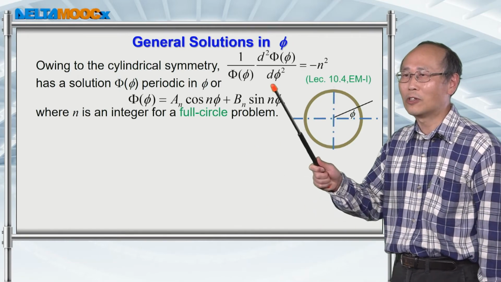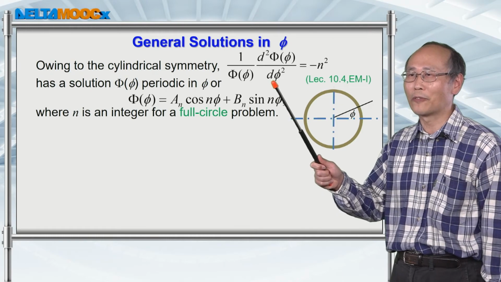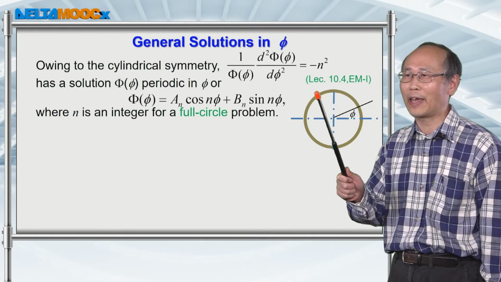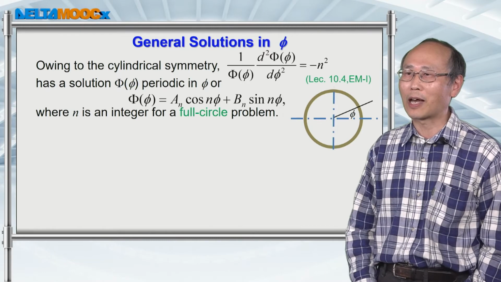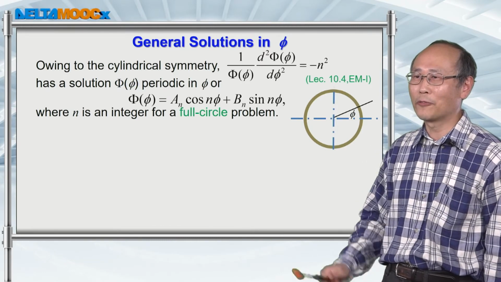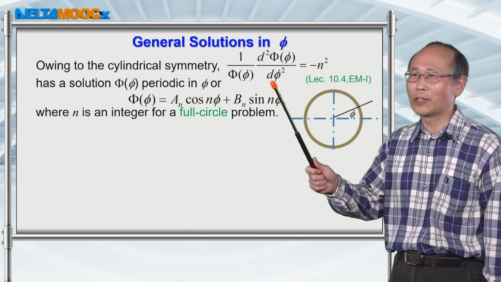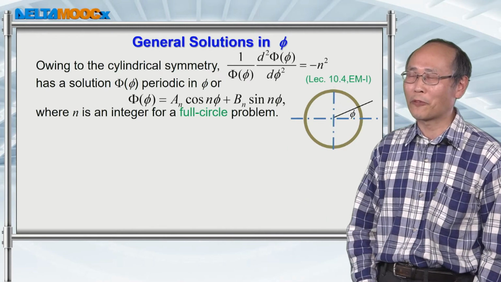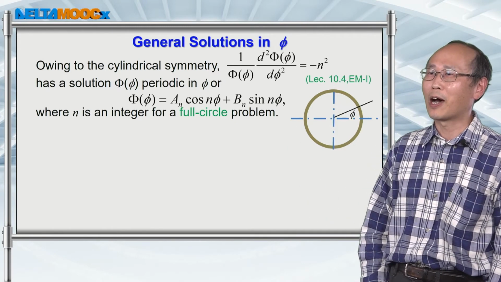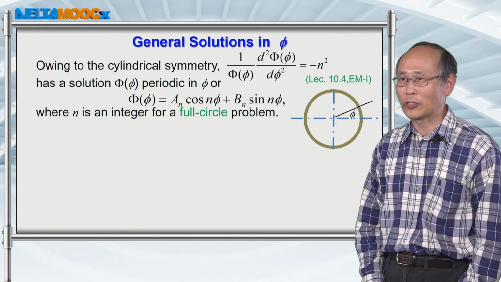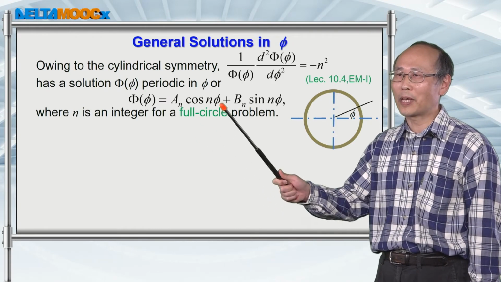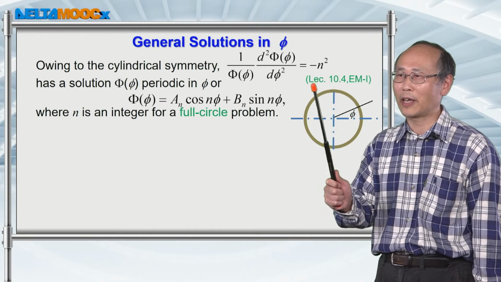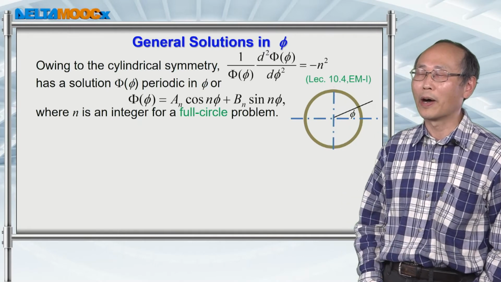And in fact, you have known this solution of this expression from lecture 10 in Electromagnetics 1. And if you still remember, we looked into this expression when we tried to solve the electric potential problem based on Laplace equation. So we just pick up the solution from lecture 10 of Electromagnetics 1.